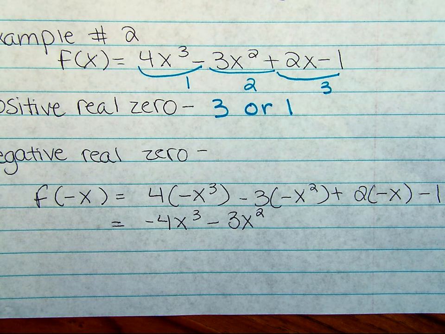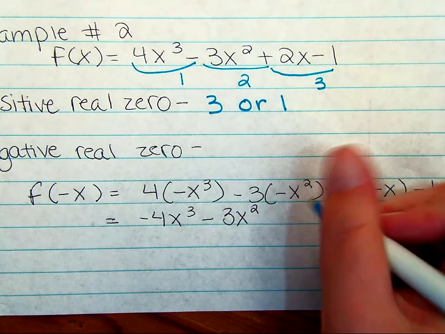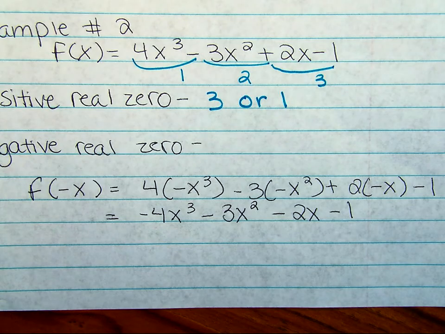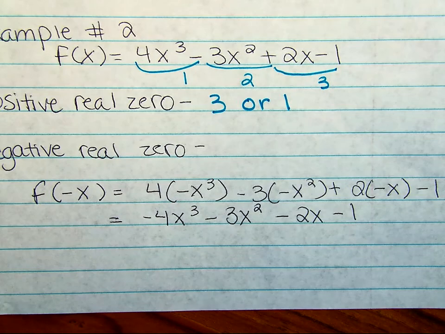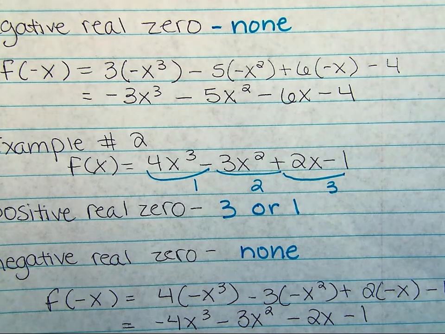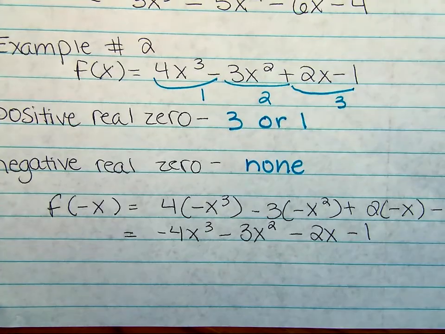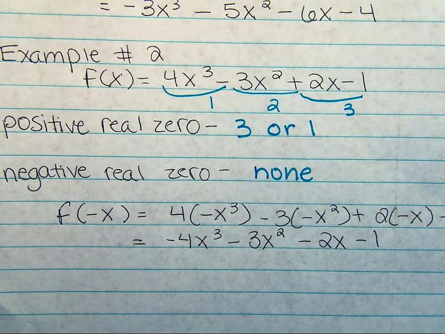Here, we would have plus 2 times negative x, so that would be minus 2x minus 1. So again, look, we've got negative, negative, negative, negative. There are no negative real zeros. Now, that's not always going to be the case, but it just so happens that in our first 2 examples, there are no negative real zeros.